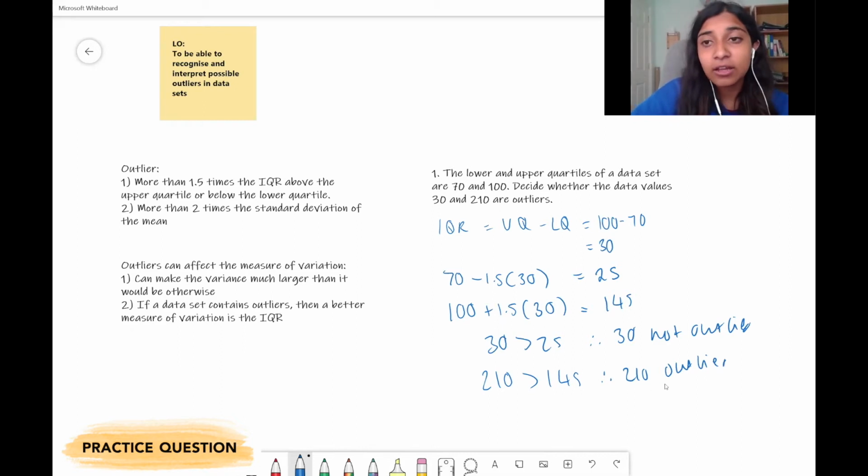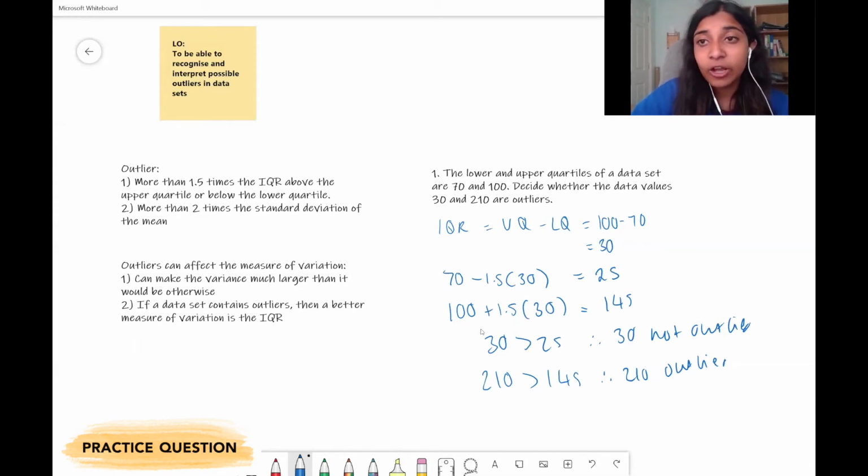Okay, so this is how you can figure out whether or not your values are outliers. You find your interquartile range, and then work out your lower quartile minus 1.5 times the interquartile range. If a value is below that number, 25, then it's an outlier. If it's above, it's not.